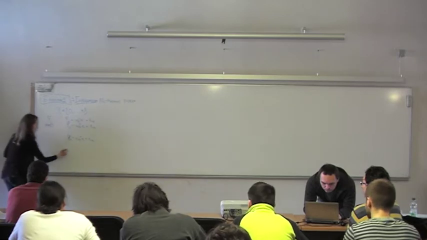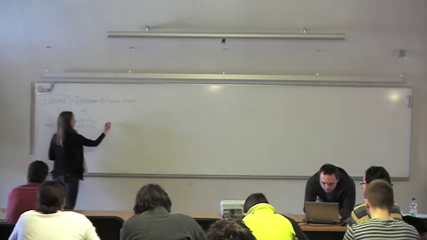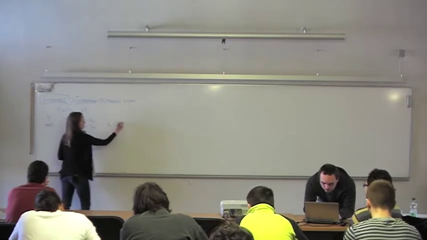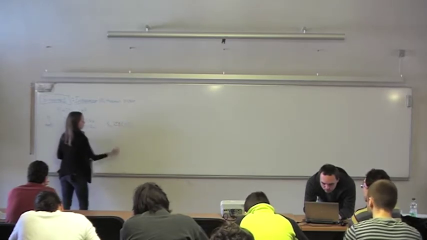These errors, the epsilon i,j, are IID normal 0, 1.